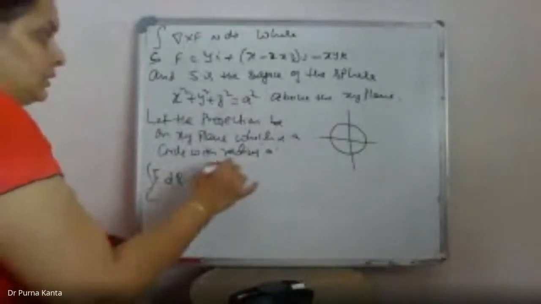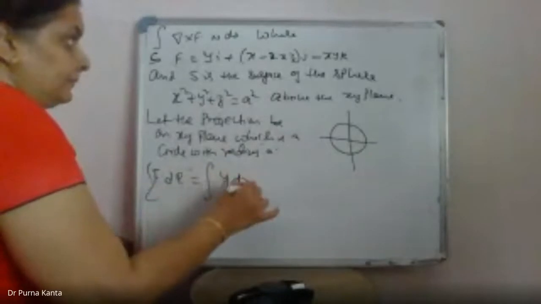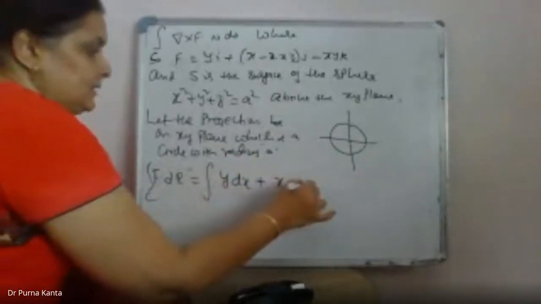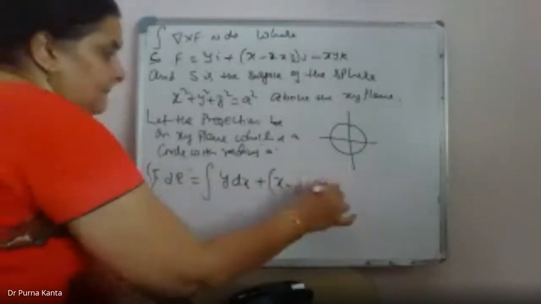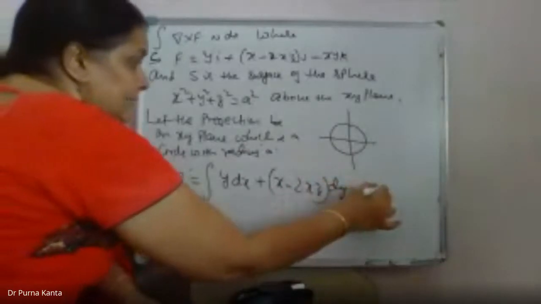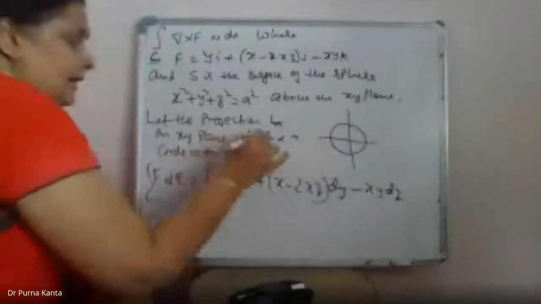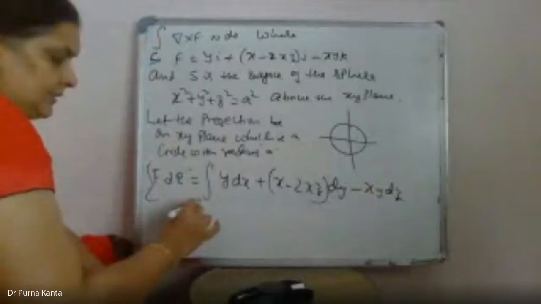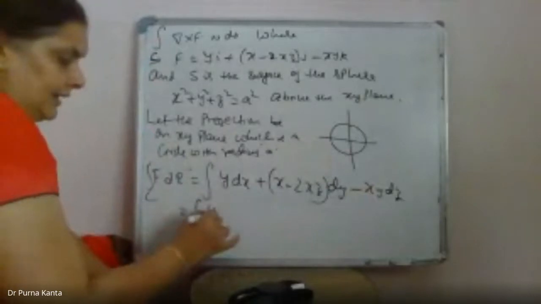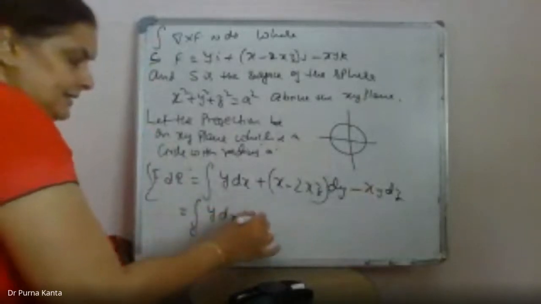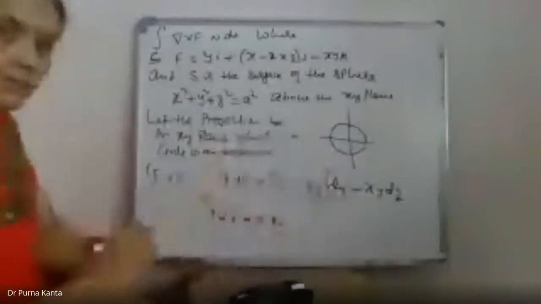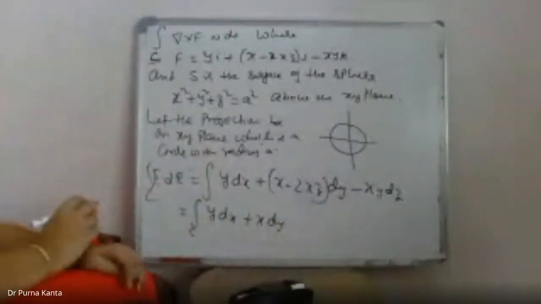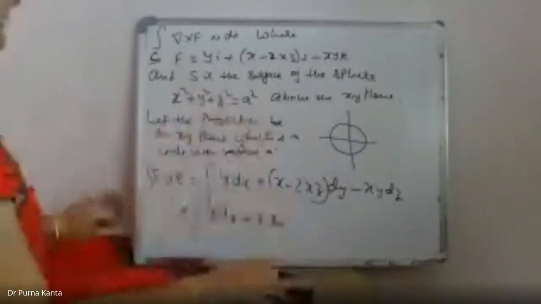What will be the value? This is y dx plus (x minus 2xz) dy minus xy dz. On the xy plane, we have z equal to 0. So if you substitute, this becomes the integral of y dx plus x dy, with dz equal to 0. You have to calculate this on the circle in the xy plane.